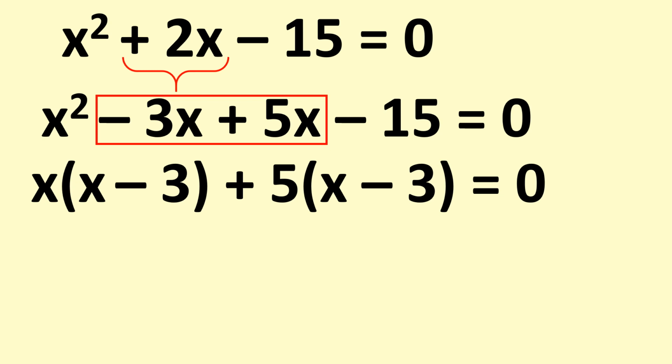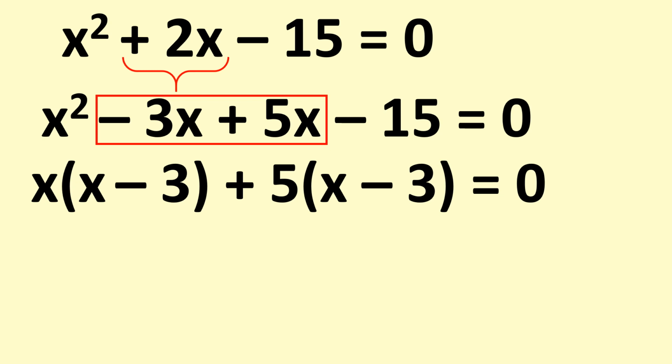Then we factorize the next two terms, 5x and minus 15. What is common to 5x and minus 15 is 5. If we bring out the 5, we are left with x, and if we divide 15 by 5, we have 3. So we have 5 into x minus 3, and everything equals 0.